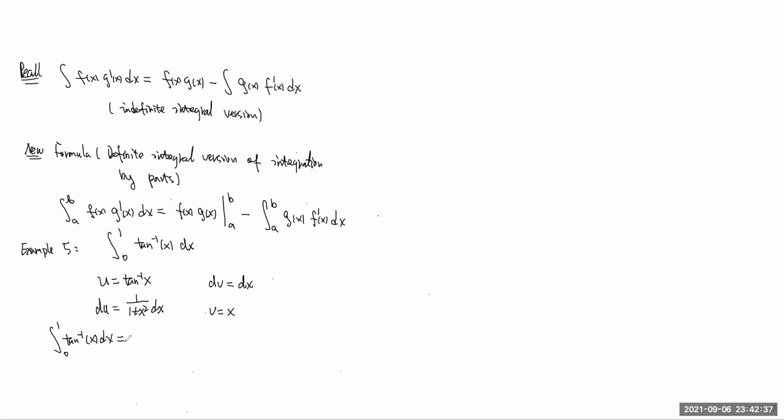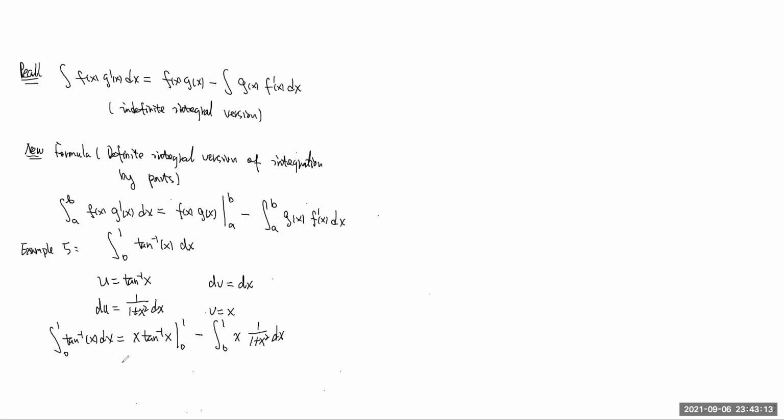So this is uv, x tangent inverse x from 0 to 1, minus the integral from 0 to 1 of v du, which is x times 1 over 1 plus x squared dx.